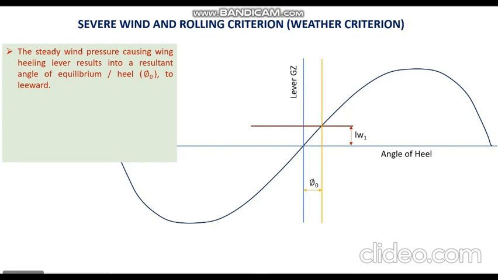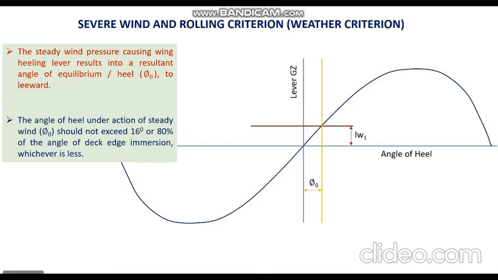So this is phi 0. The angle of heel under the action of steady wind, phi 0, should not exceed 16 degrees or 80% of the angle of deck immersion. That is what is important to know. If it exceeds these limits, the vessel is failing on this criterion itself. Is that clear, beta? Yes, sir.